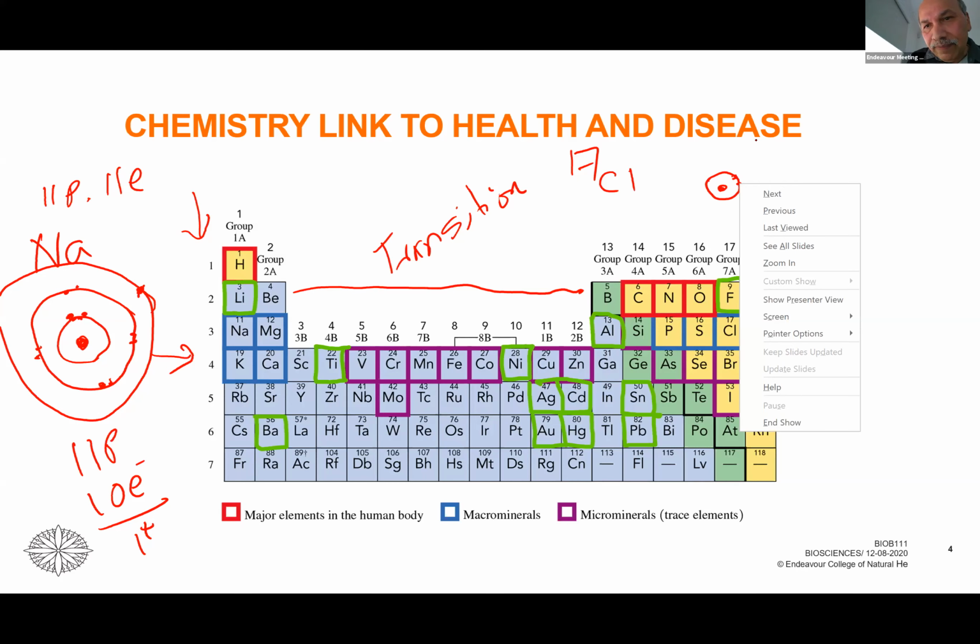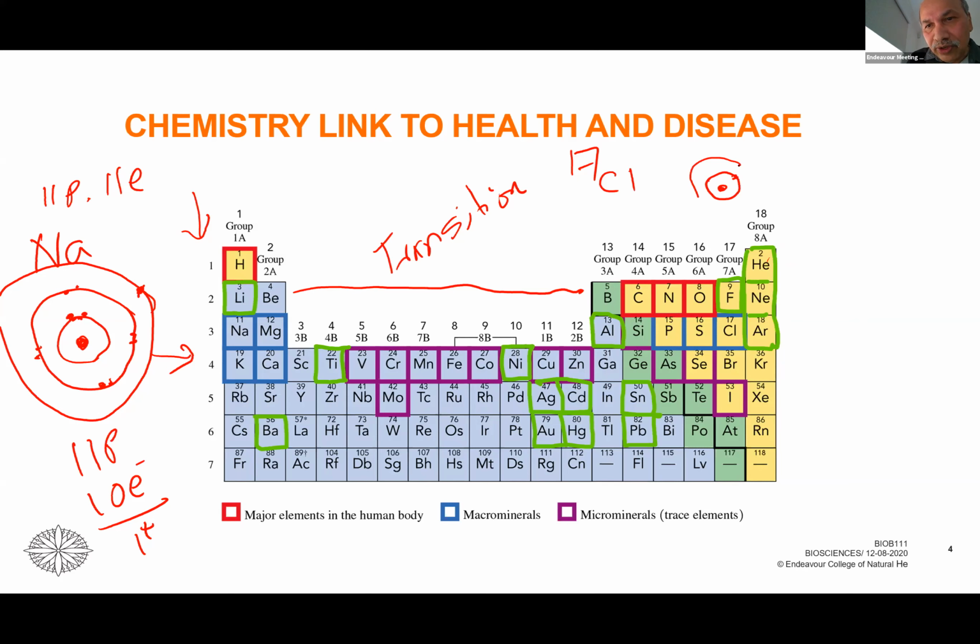So 2 there. And the next one goes how many electrons? 1, 2, 3, 4, 6, right? So 8 electrons there. So 8 plus 2, 10, right? So now how many needed? 7. 7 there.